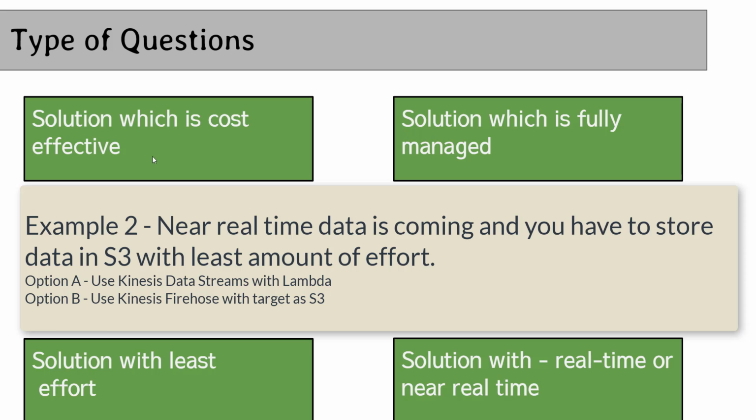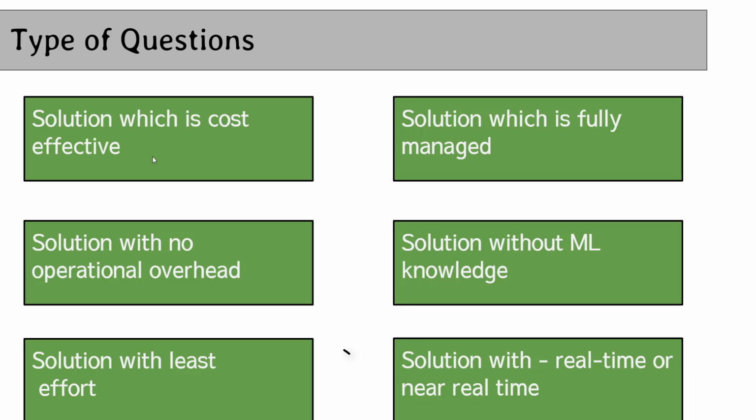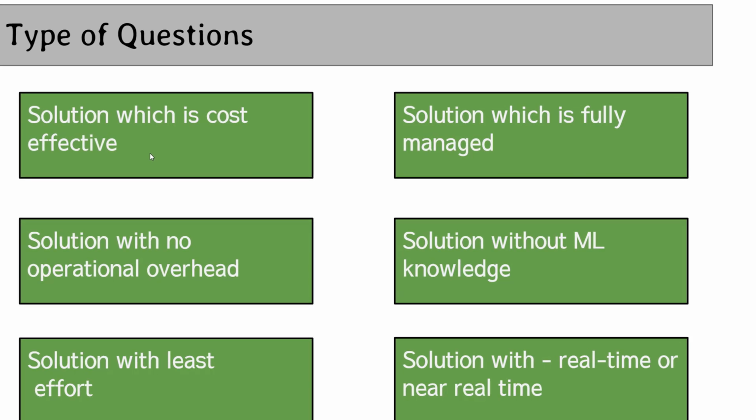You don't have to code anything in that. If you are writing a data stream with Lambda which will save your files to S3, then you have to write the code in Lambda. Lot of questions on Kinesis with phrases like real time or near real time. So keep that in mind, these 6 phrases. I'll show you the examples right away.